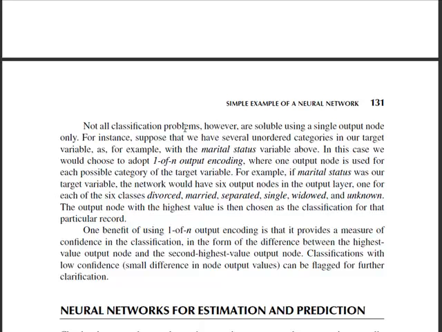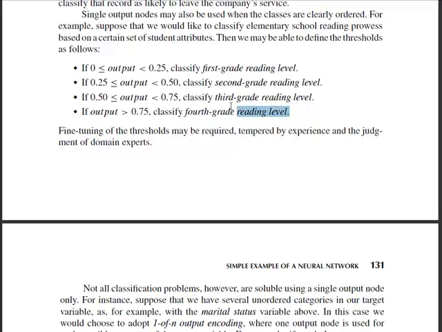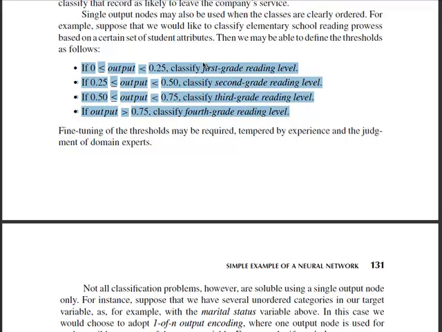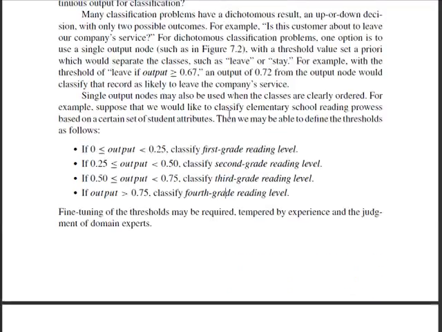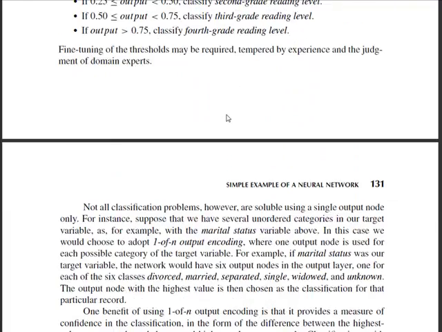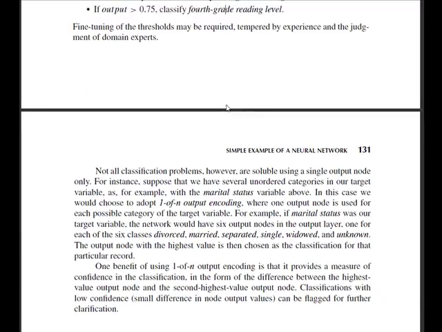So remember, marital status, we had several categories and they weren't ordered. In the reading example, they are ordered. We have 4 outputs, but they're ordered, right? First grade is less than second grade, is less than third grade, is less than fourth grade. However, when we talk about marital status, we don't have that kind of order.